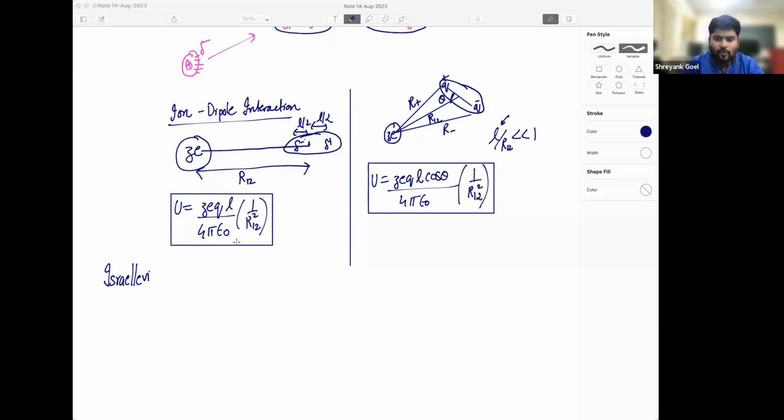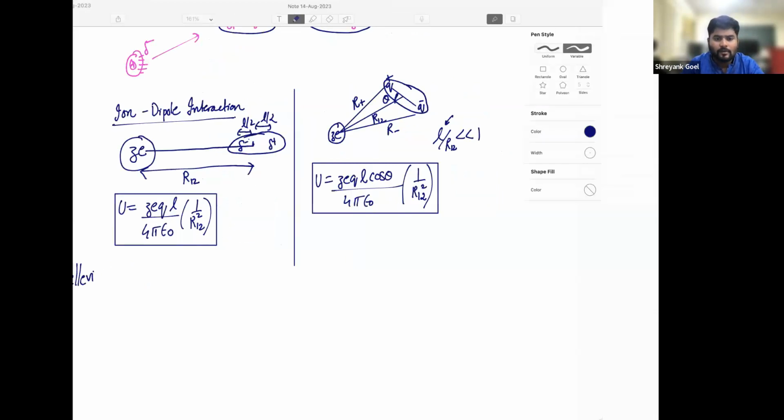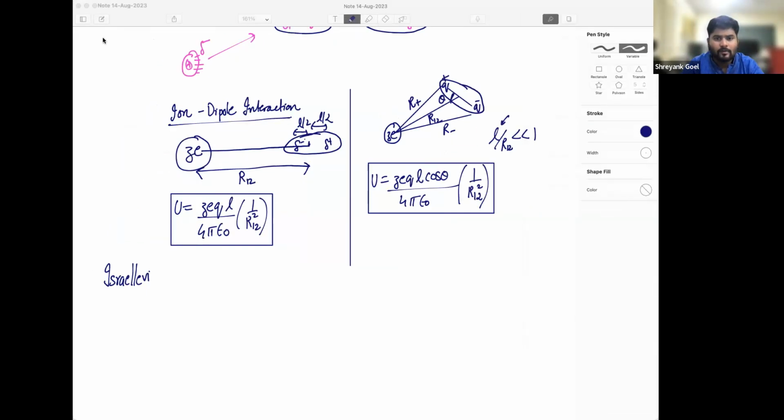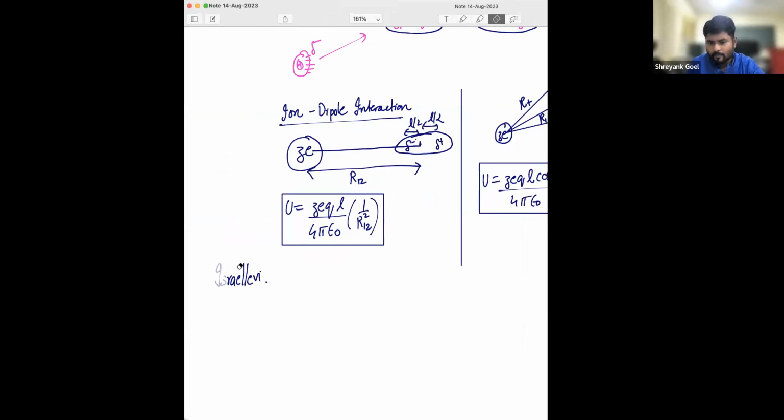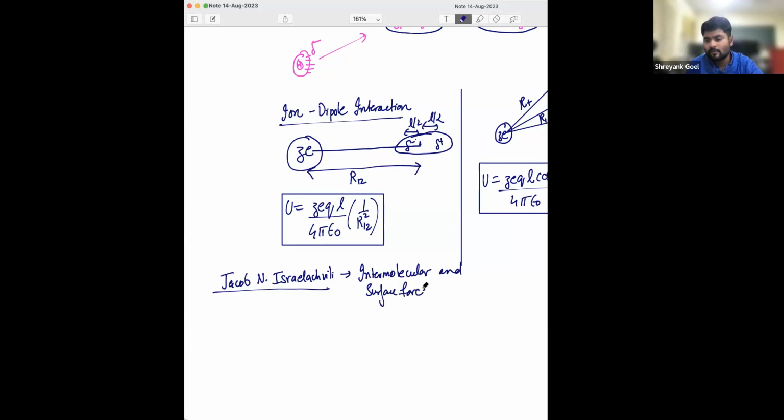This is the book by Jacob Israelachvili, on intermolecular theory, and in this some of the derivations are also given with all these kinds of interactions. If you want to read more in detail, you can go through that book.